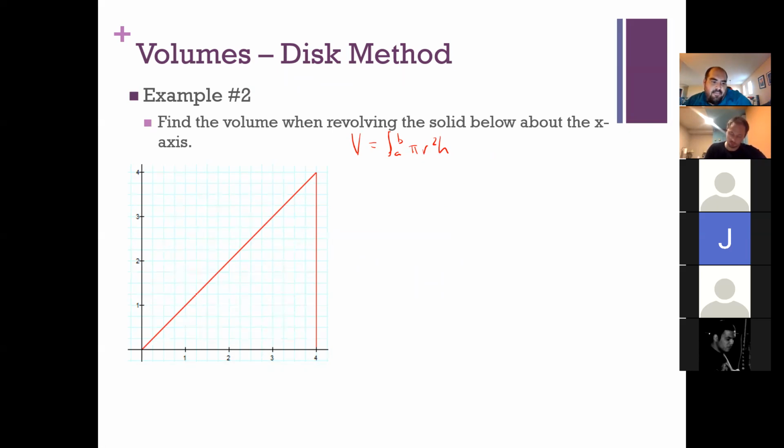If I take an elementary vertical rectangle here, any individual rectangle like this is going to give me a cylinder. But if I take this area as a whole and revolve it around the x-axis, what three-dimensional shape would that be? A cone.